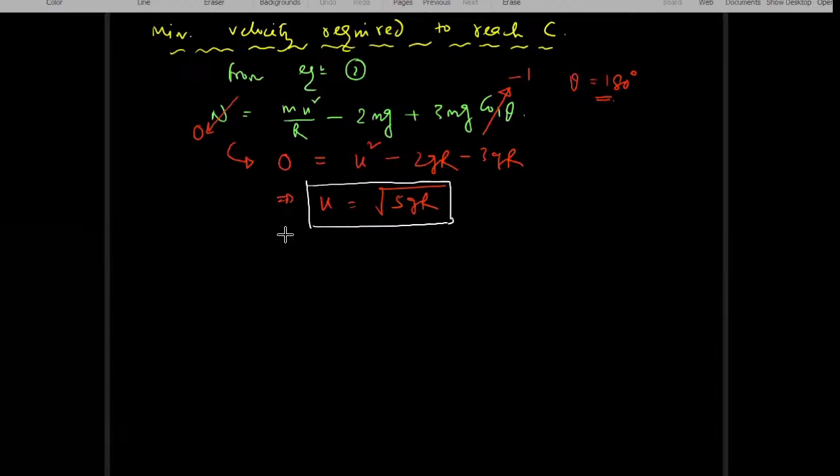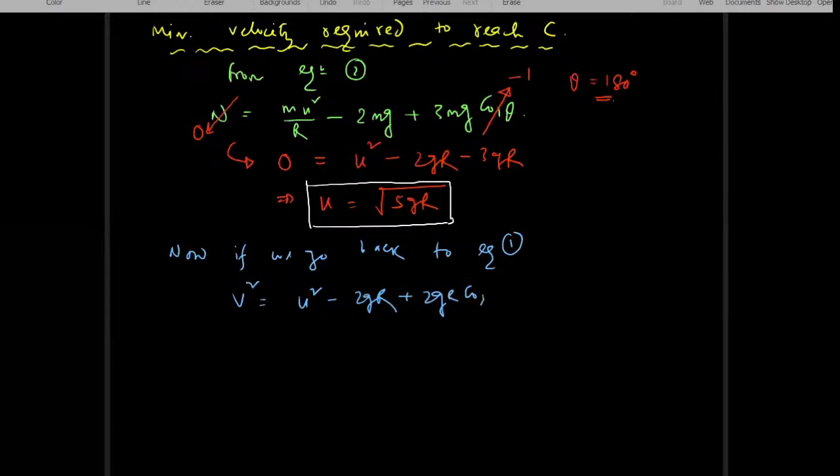Now in this situation, after getting u, see now, if we go back to equation 1, कितना इंटरेस्टिंग है देख. v square is equal to u square minus 2gr plus 2gr cos theta was the equation, right?